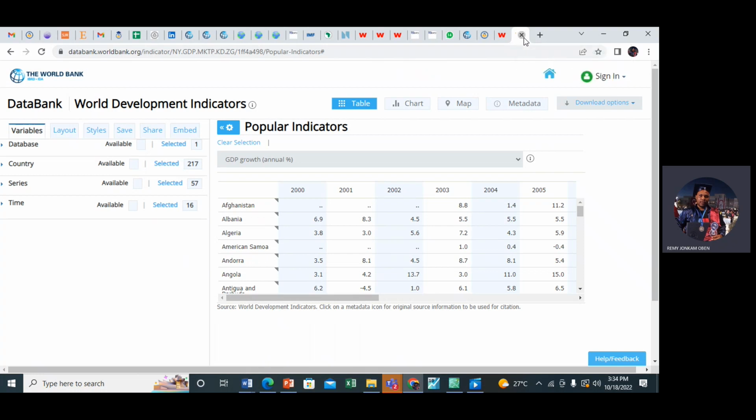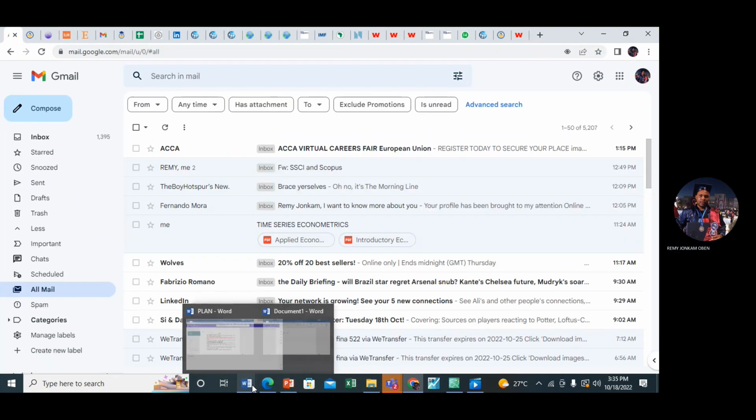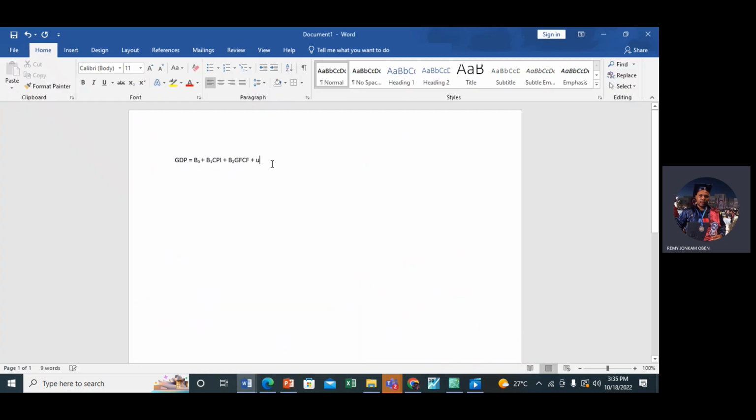Don't bother. Just as an aside, let me tell you some extra things for your records. Here, GDP is the dependent variable. There are other names we can call the dependent variable: we can also call it the regressand, or the explained variable.